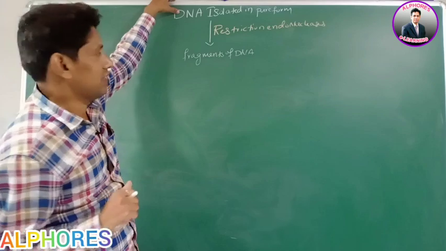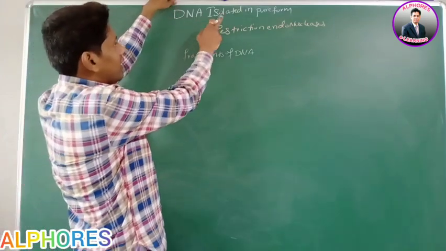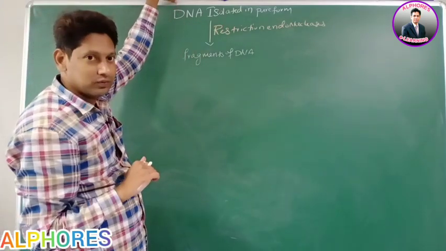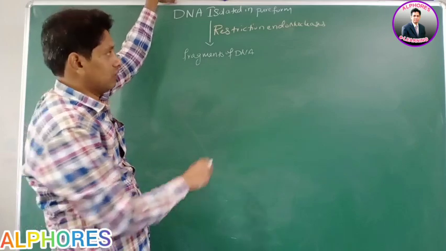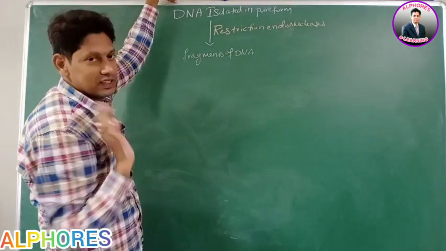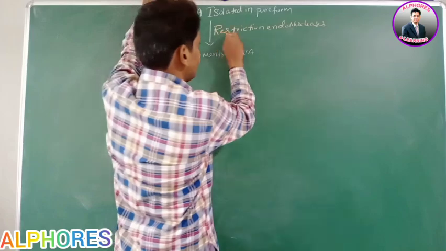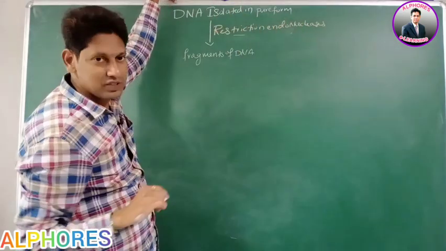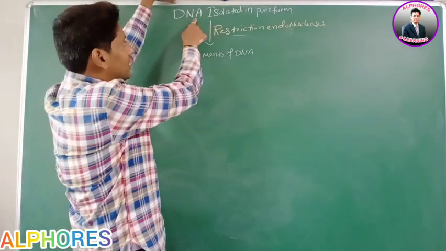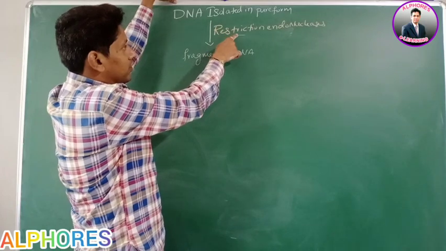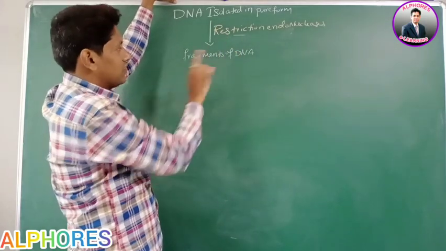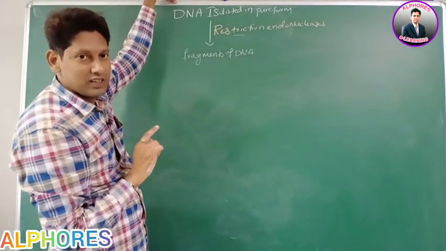Now this DNA which was isolated, we are cutting the DNA molecule by using restriction endonuclease enzymes. Till now we discussed these restriction endonuclease enzymes. When we cut the DNA by using restriction endonuclease enzyme, we got fragments of DNA.